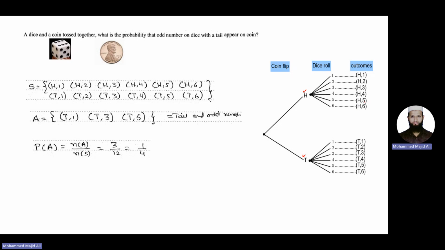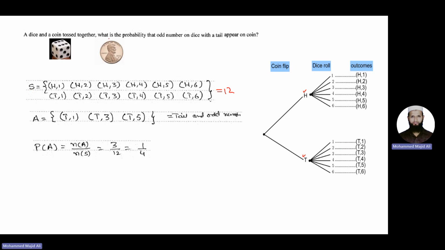So these are the total 12 outcomes when you toss a coin and throw a dice together. So we have here the total sample space, which is denoted by S.